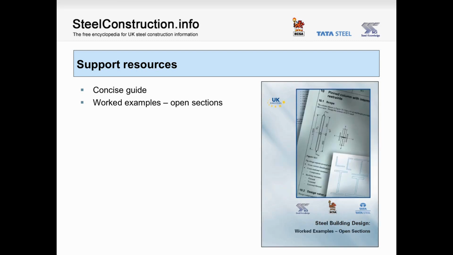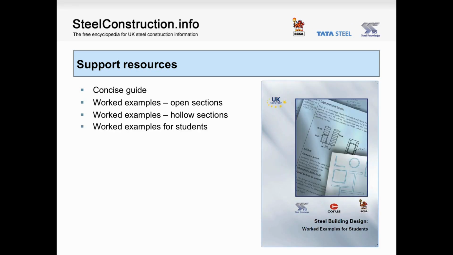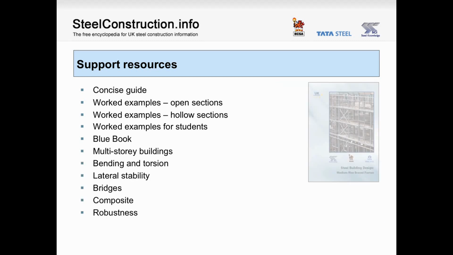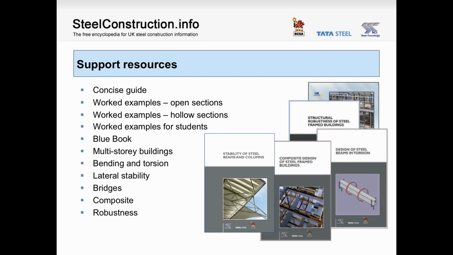There are a number of publications containing worked examples, so for open sections, for hollow sections, and worked examples for students. There is the Blue Book, which I've used a number of times to extract very simply the member resistances. And then there are a whole range of additional publications, many of which contain numerical worked examples.